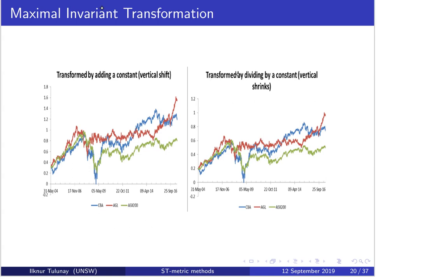For the squeezing, we need to divide. If we are adding certain numbers to all the data, or dividing by certain numbers, this is the maximal invariant transformation, which will not change the distribution structure.